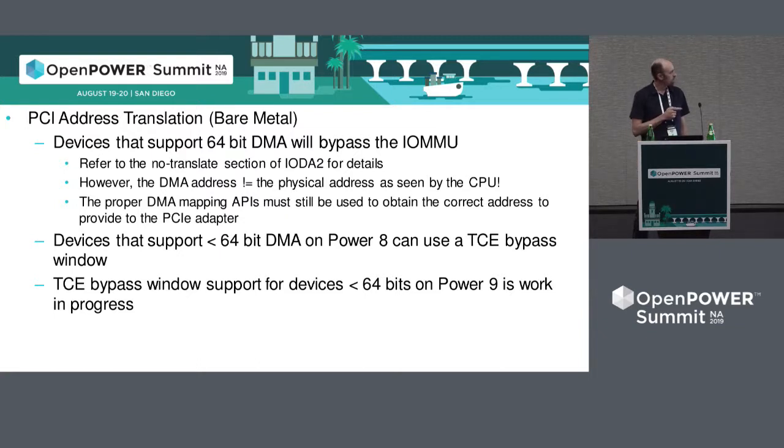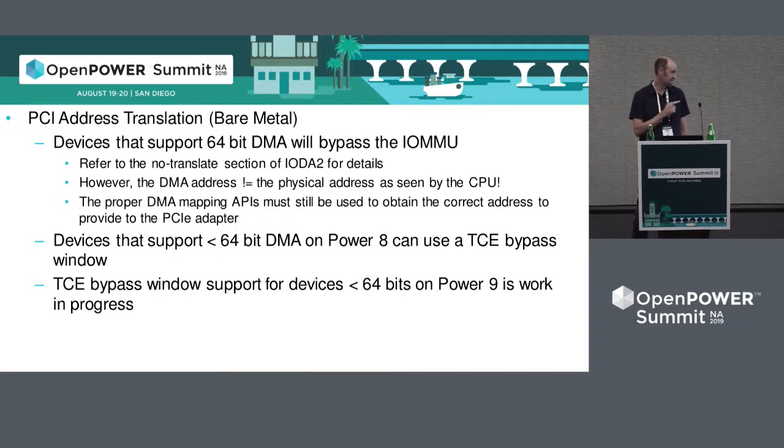On Power 8, we put in some support for a TCE bypass window, so if a device supports less than 64-bit DMA, we'll essentially allocate a big DMA window with 256 meg TCEs and allow it to address all the system memory with that one window, and it doesn't have to address the high bits of the DMA.